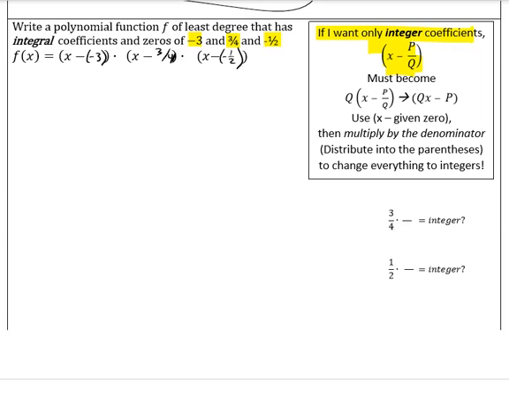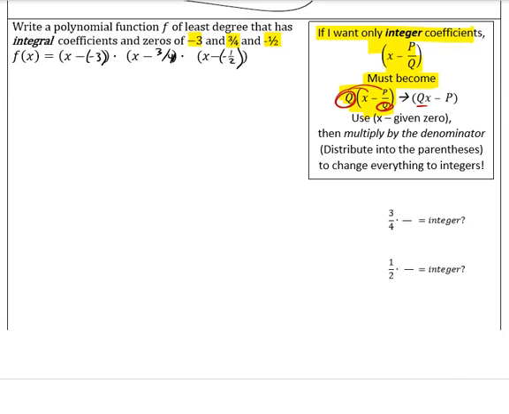So it says, if you want only integer coefficients, meaning you don't want to deal with fractions, then it must become q times x minus p over q. So all it's saying is whatever's on your denominator, put that in front of that piece, and then you're going to distribute that in to give you q of x minus p.